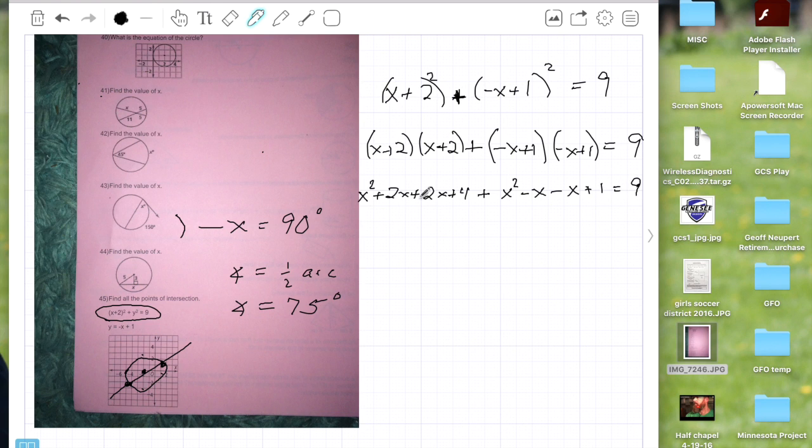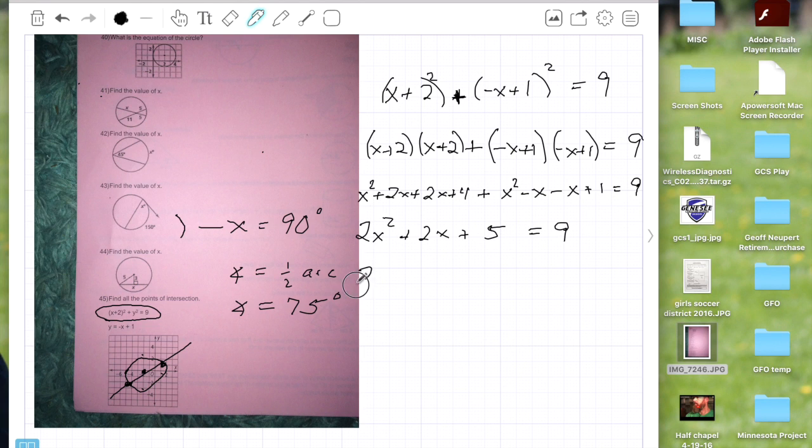It's quadratic. Combine like terms. 2x plus 2x minus 1x minus 1x, that's 4x, 3x, 2x. I'm hoping I'm getting this right. And 4 and 1 is 5, equals 9.